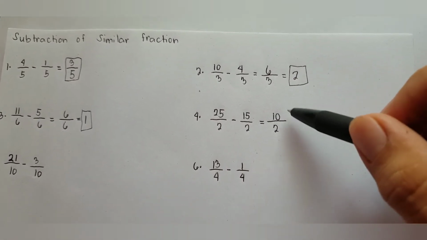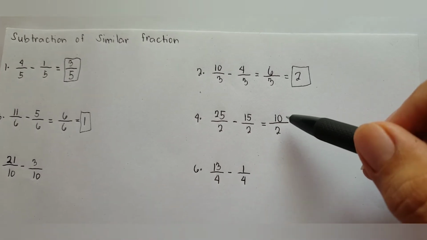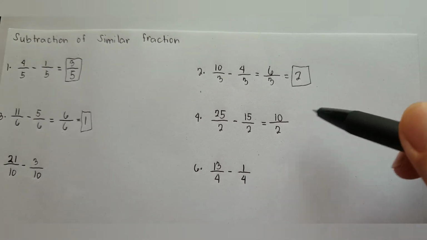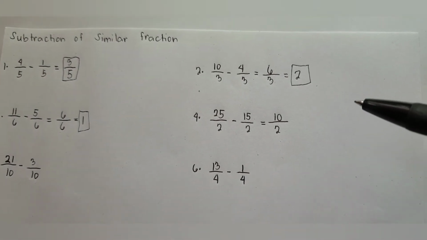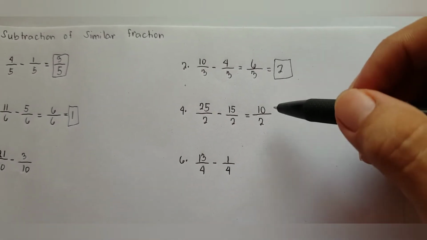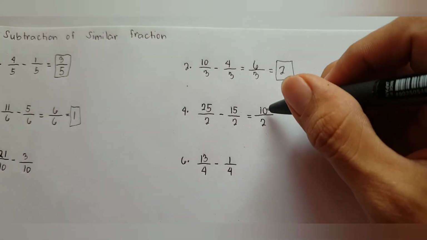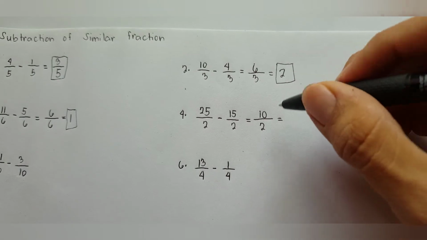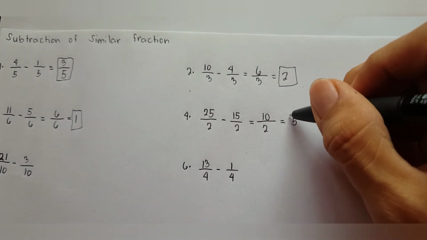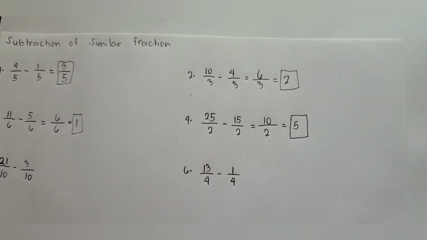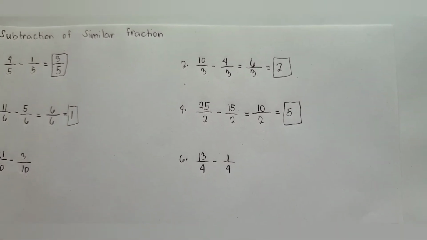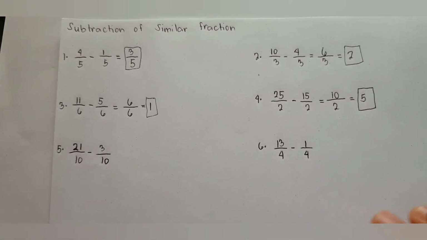But before considering this as the final answer, remember to check whether it is already in the lowest term or can be simplified. Since 10 is divisible by 2, 10 divided by 2 is 5. So the final answer for example number 4 is 5.